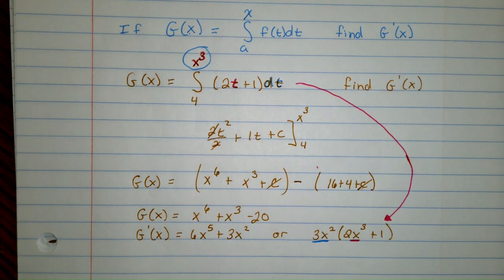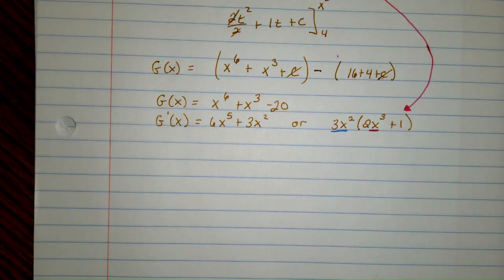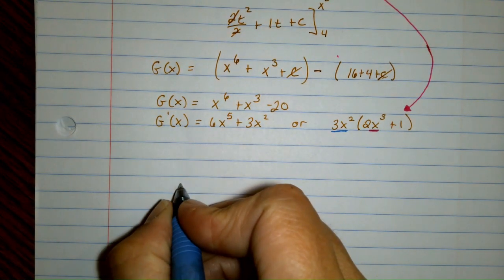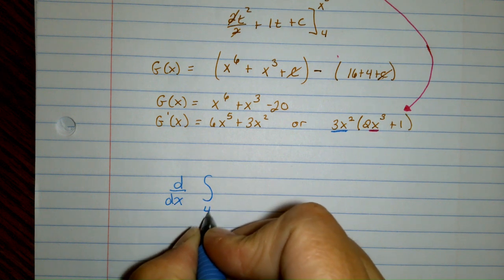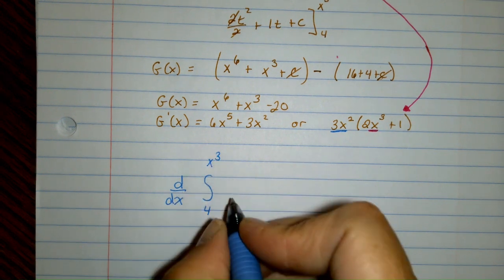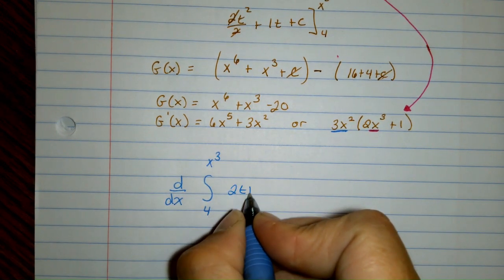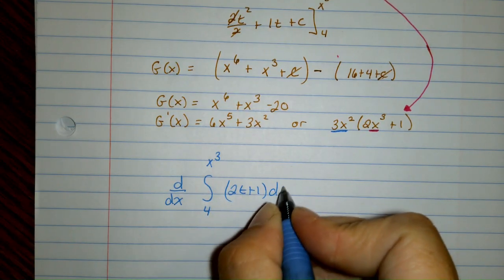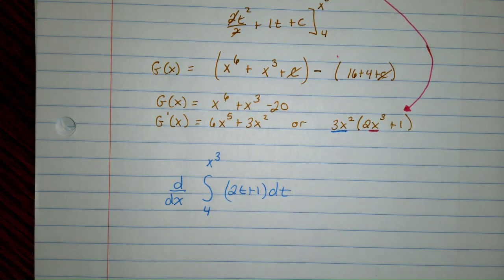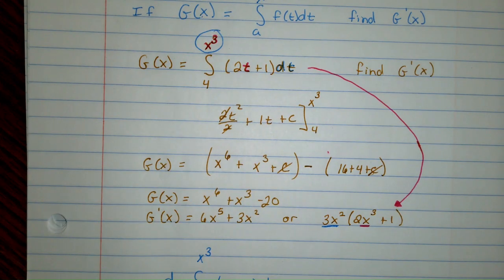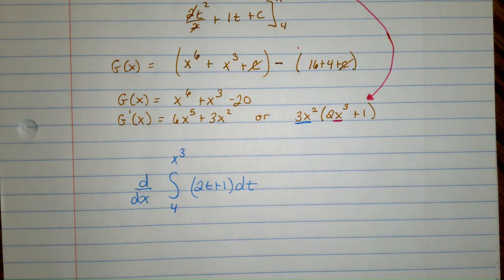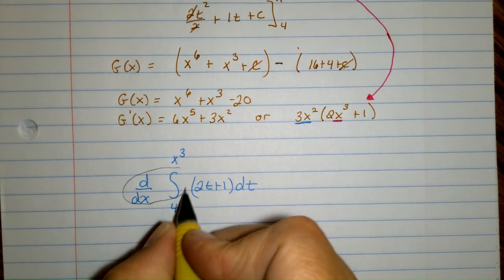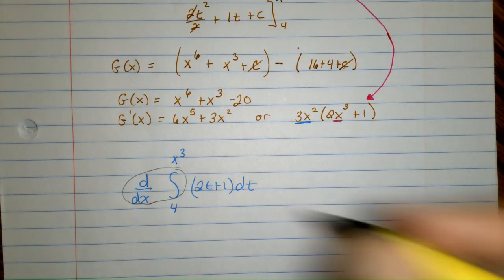Okay? So sometimes you'll even see it written like this: d/dx of the integral from 4 to x cubed of 2t plus 1 dt. It's the same question I asked, just a lot shorter, right? Instead of writing all that, I kind of shortened it up. So these are going to cancel each other out, basically.